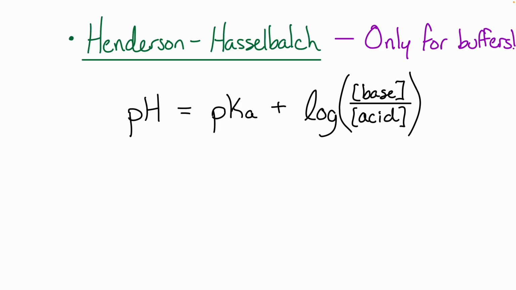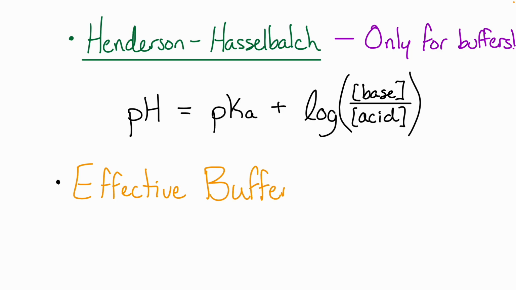All right, there's another important caveat to buffers, which we call an effective buffer range. And that is that this weak acid conjugate base mixture, it's not resistant at just any old pH. All right?